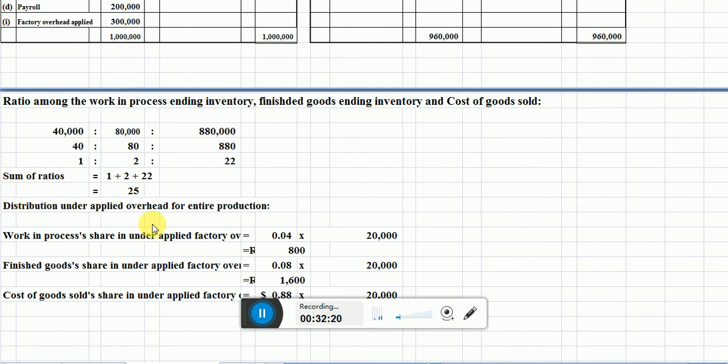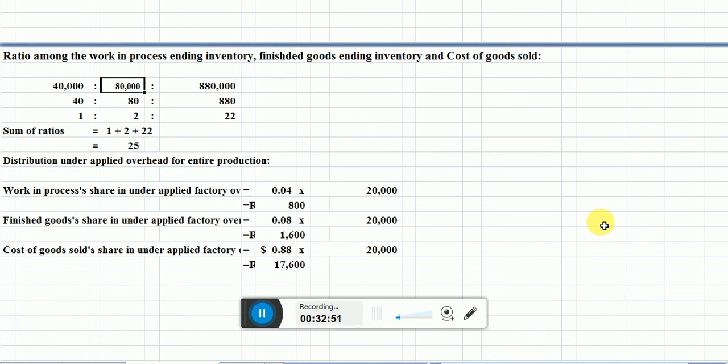Distribution of underapplied overhead for the entire production: work in process's share in underapplied factory overhead is the fraction into underapplied factory overhead of 20,000 rupees.